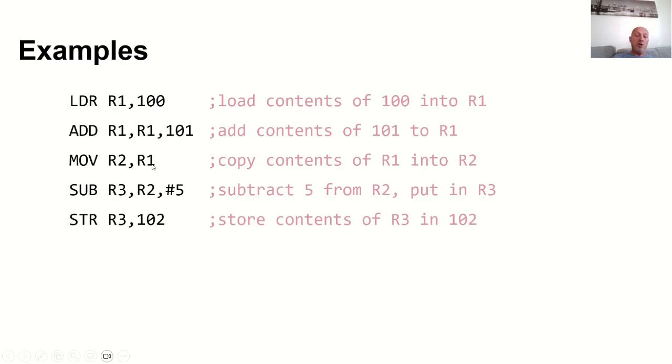We're copying the contents of R1 into R2. We're subtracting the actual value 5 from R2, putting the value in R3. And in this last case, the one exception, we're storing the value in R3 into memory location 102.